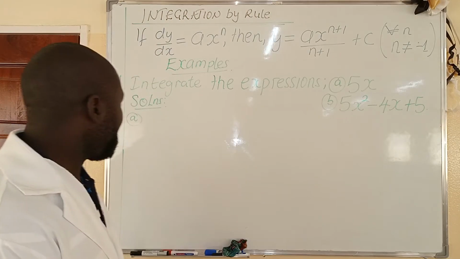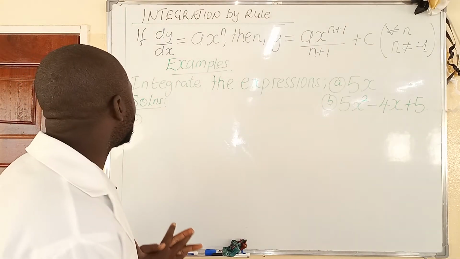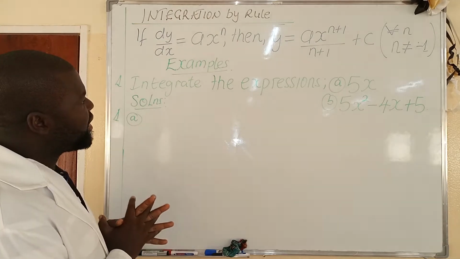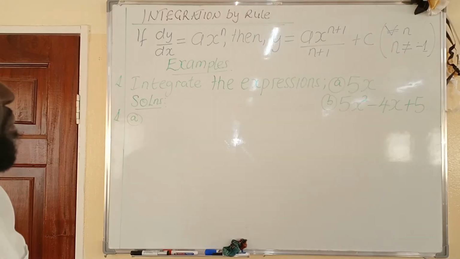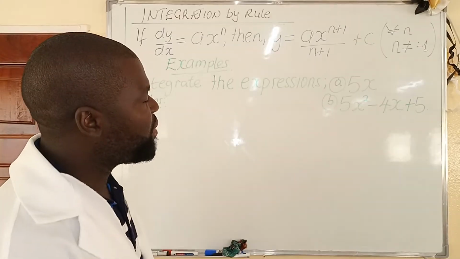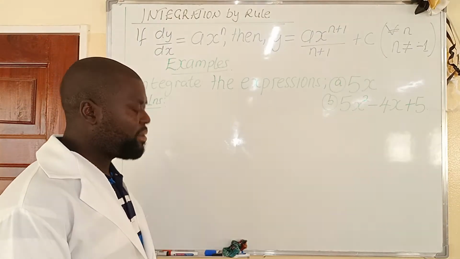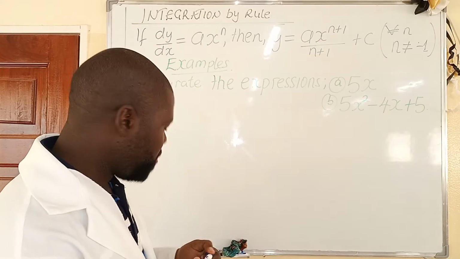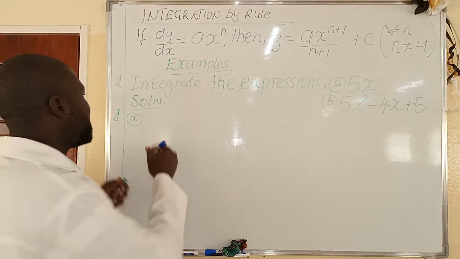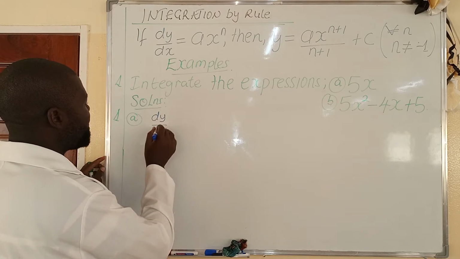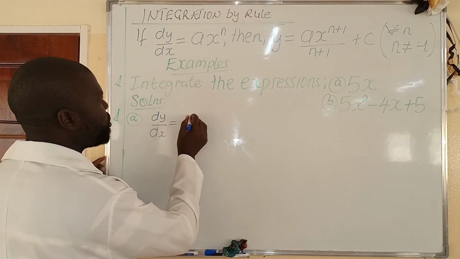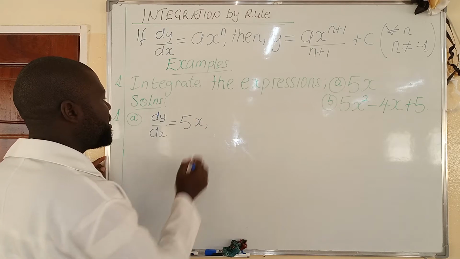So we have the examples. Integrate the expressions: a, 5x; b, 5x squared minus 4x plus 5. So we say solutions. We have our dy/dx is equal to 5x.